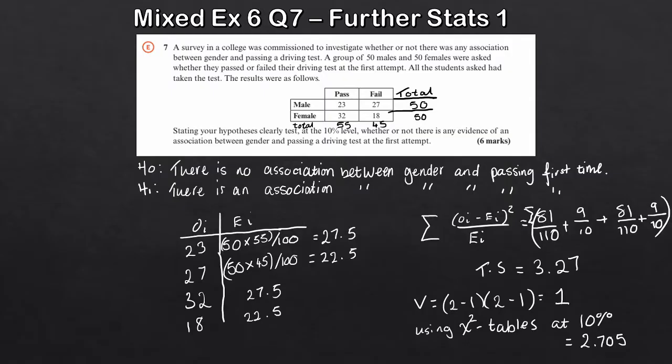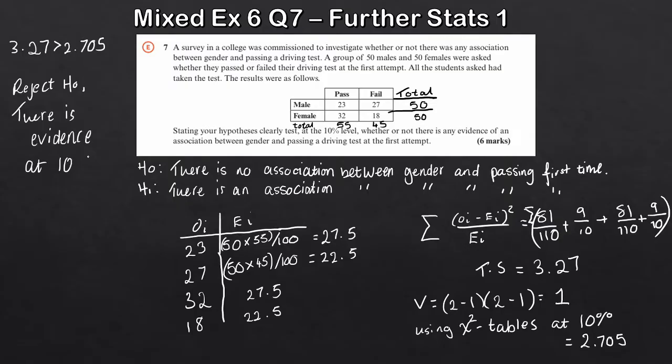If this value is bigger, then we would reject H0, which it is. So 3.27 is bigger than 2.705, therefore we reject H0, and we can say there is evidence at the 10% significance level to suggest that there is an association.